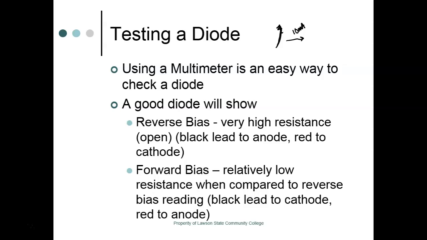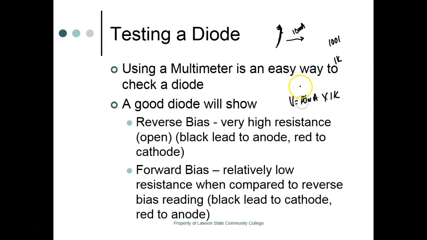Yes or no? So if it had 1K ohms, how many volts would it take to cause 10 milliamps to flow? V is equal to I times R, 10 milliamps times 1K. So it's not 10 milliamps.